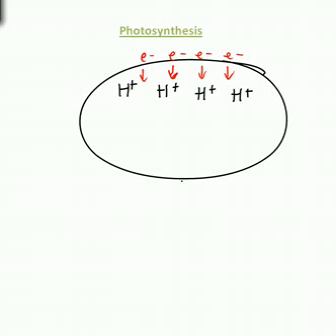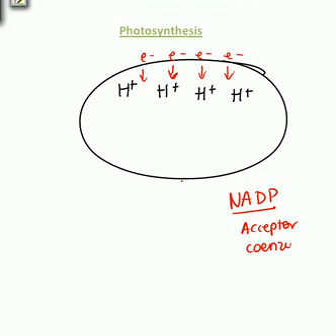We now get acquainted with a molecule called NADP. This is an acceptor molecule. It's also a coenzyme. What NADP does is it comes here to collect a hydrogen ion and 2 electrons. And when it does that, it creates itself a new name called NADPH.